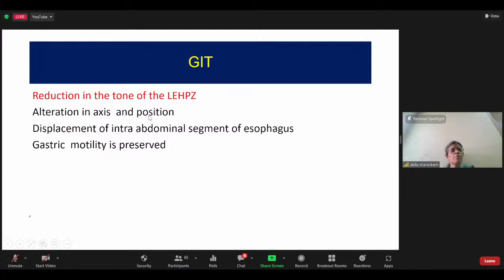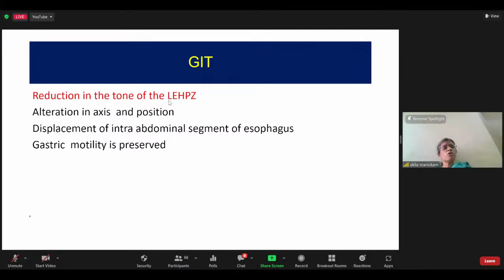But during pregnancy, the stomach is pushed upward and there is alteration in your axis, so it gets rotated. Because of this, the abdominal part of your esophagus is pulled into your thorax. So the pinch valve mechanism is lost, which ultimately is responsible for your gastroesophageal reflux and silent regurgitation.